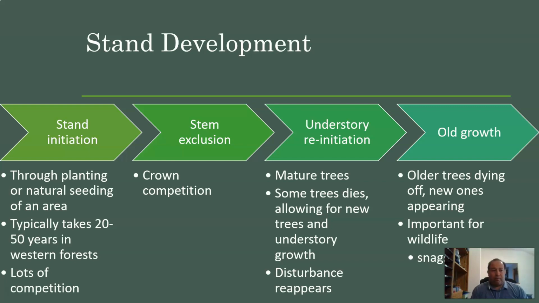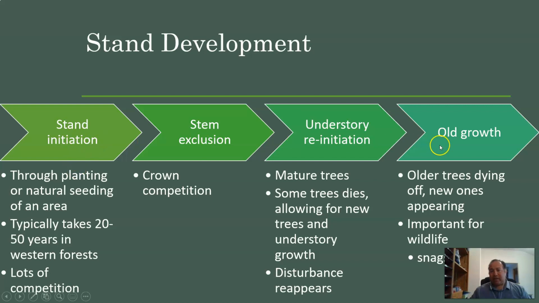So plantation forestry is slightly different. That's when we're really managing the forest. But this pattern happens both when we're just in nature and also when we're really managing the forest. But it's usually seen much easier when we're doing intensive management of the forest.